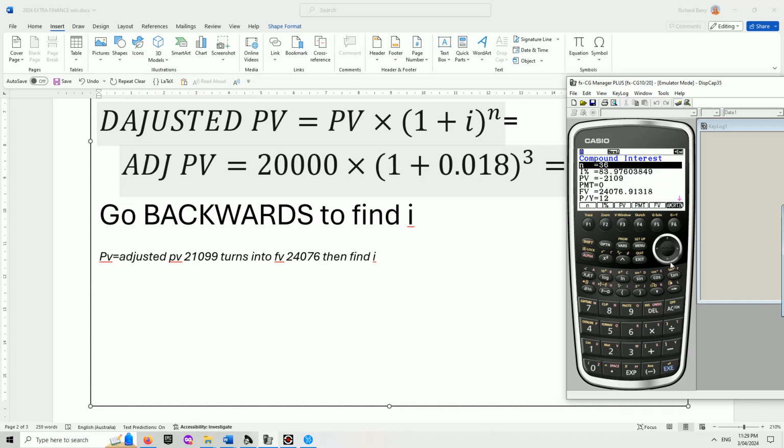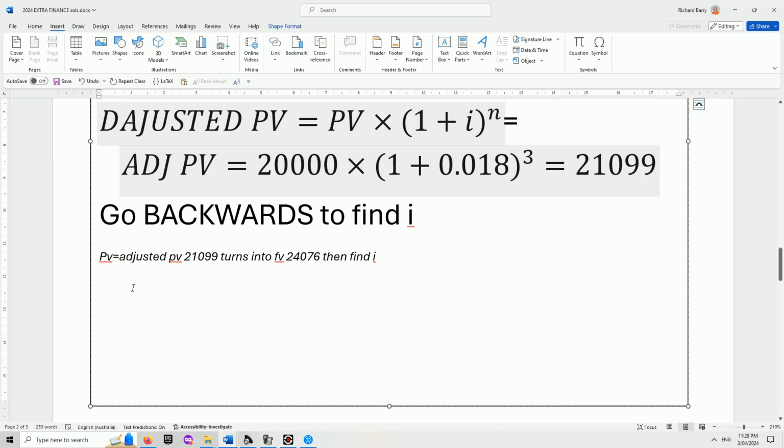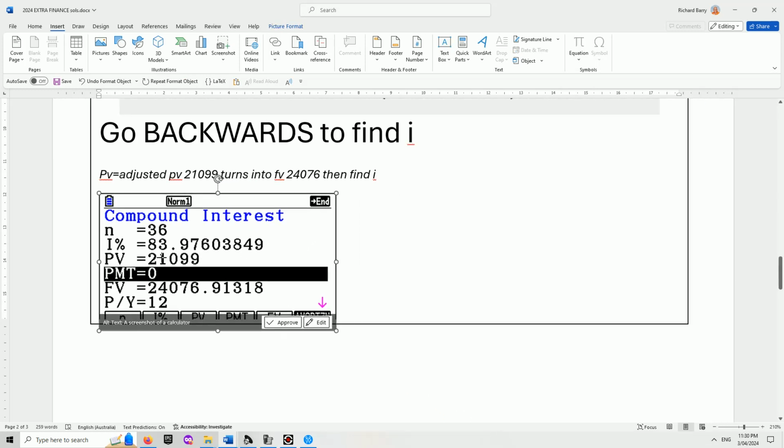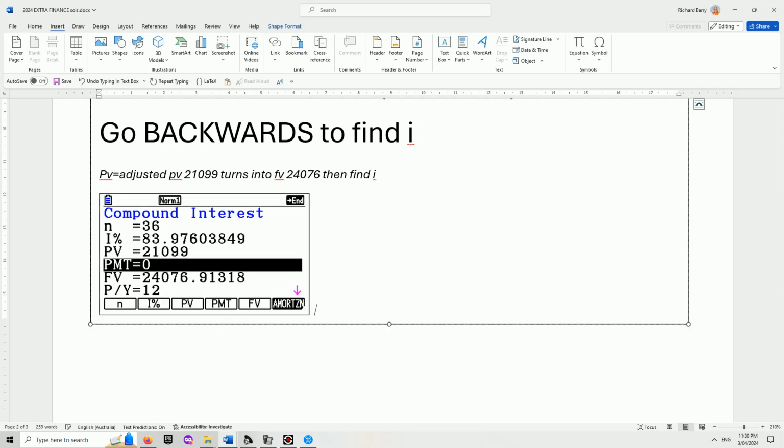F2, 36, 21,099. It's going to turn into this number. So we're not using the 20,000 anymore, we're using the adjusted number for inflation.